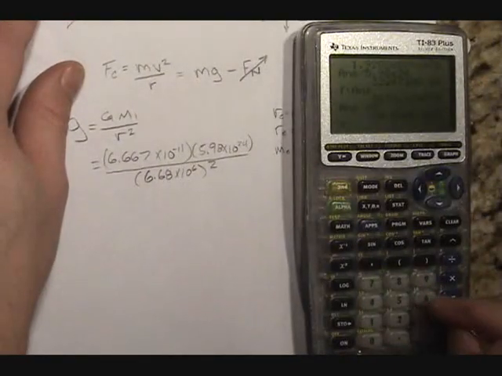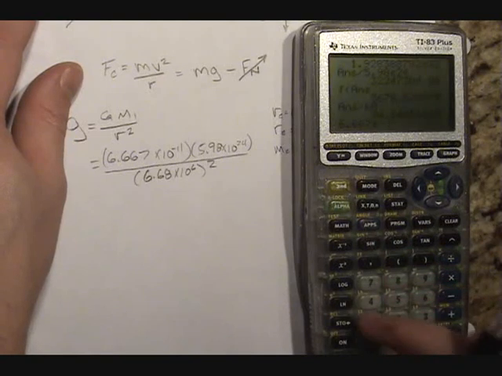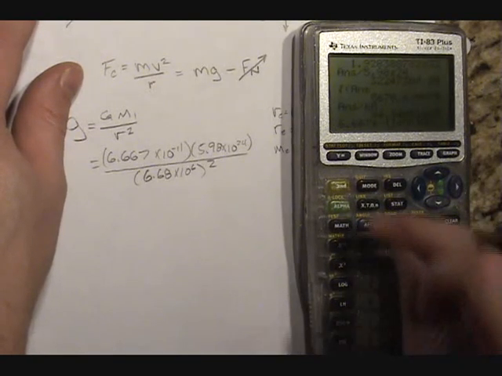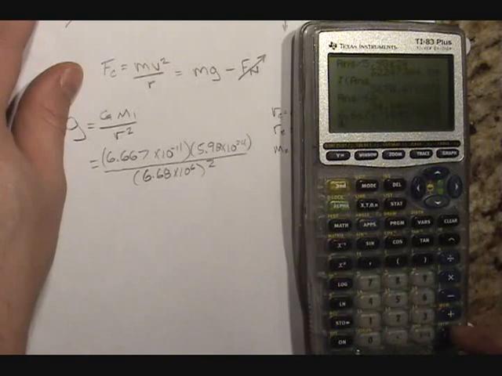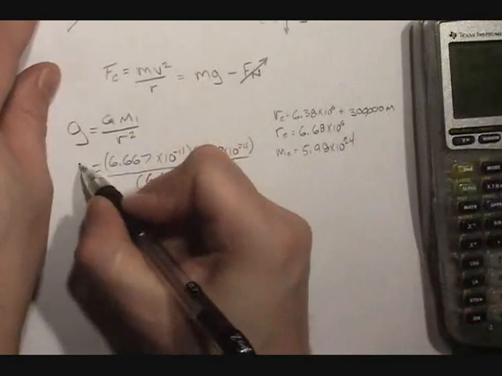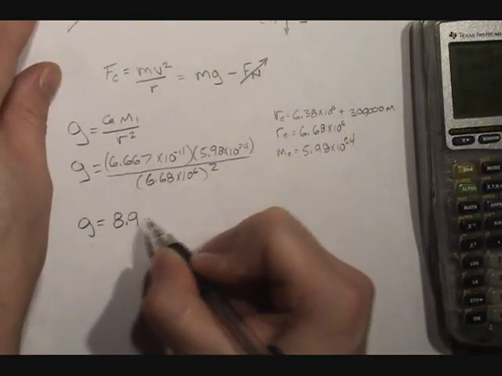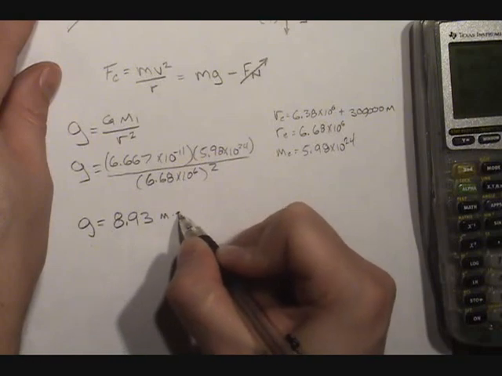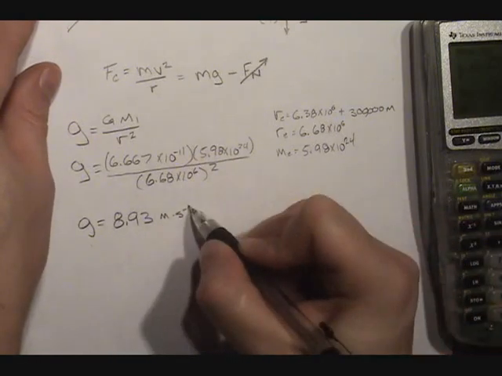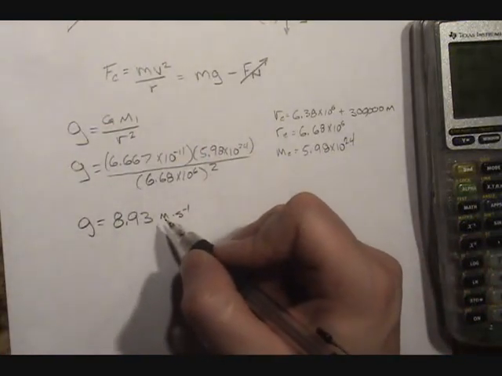So we get 6.667 times 10 to the minus 11 times 5.98 times 10 to the 24th, divided by 6.68 times 10 to the 6th squared, and I get a value for g of 8.93 meters per second squared, but at the surface of the Earth it's 9.8.